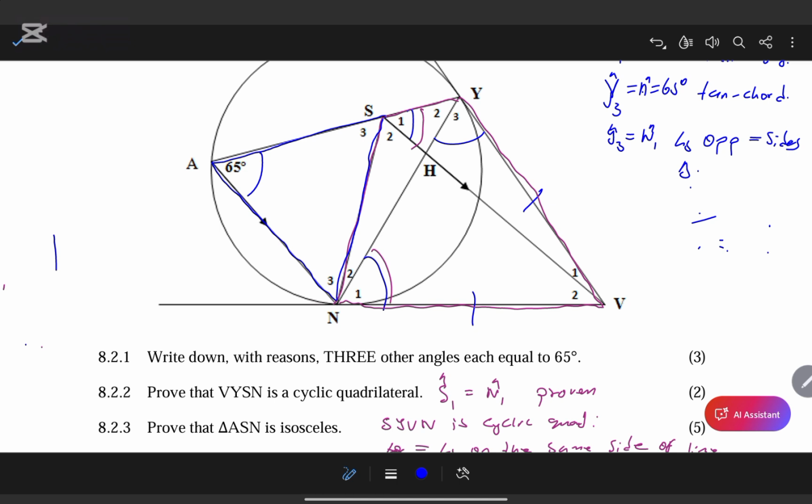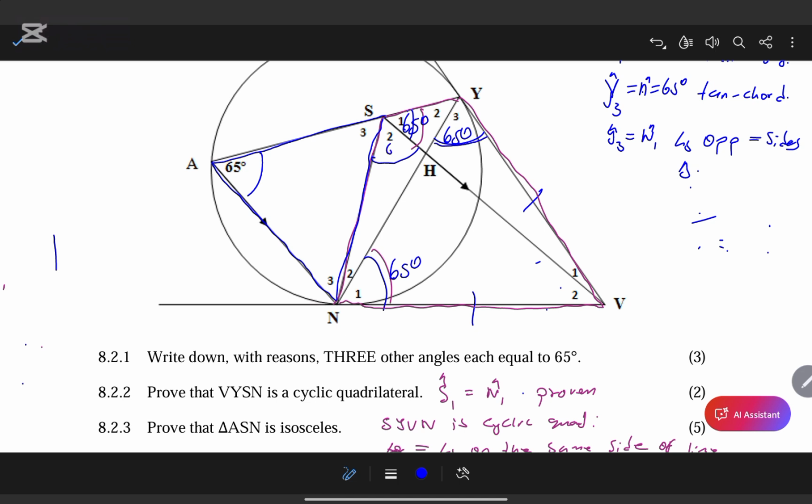So let's just remind ourselves. We know that angle S1 is 65 degrees. Angle Y3 is 65 degrees. Angle N1 is 65 degrees. And we also proved that SYVN is a cyclic quad. That means all angles in the same segment are equal. But angle S2 is in the same segment as angle Y3.